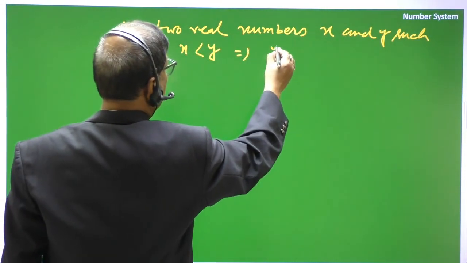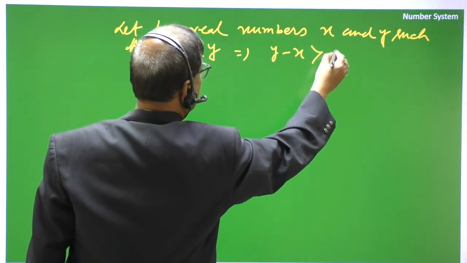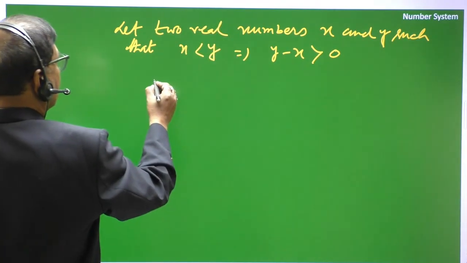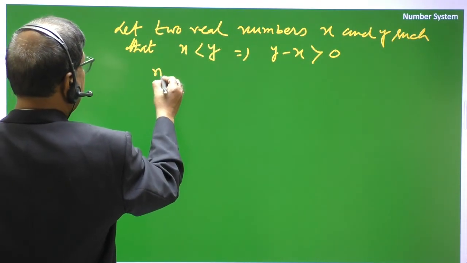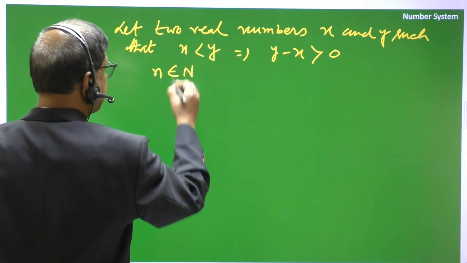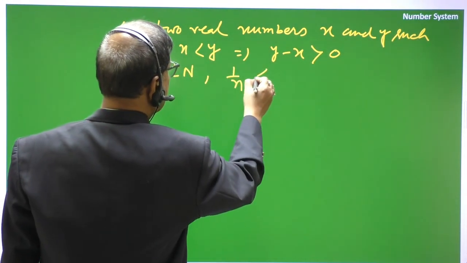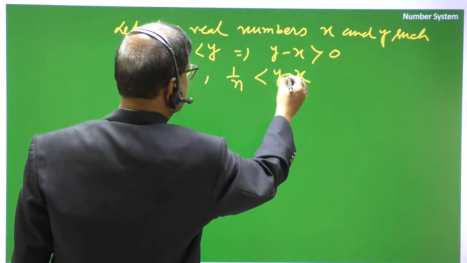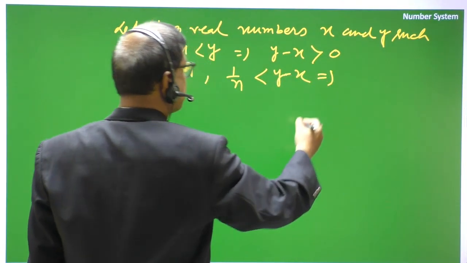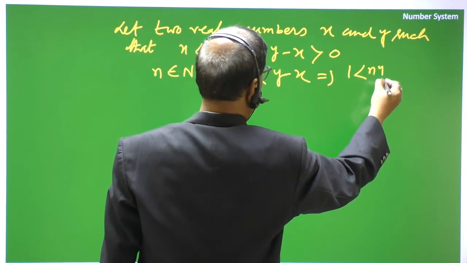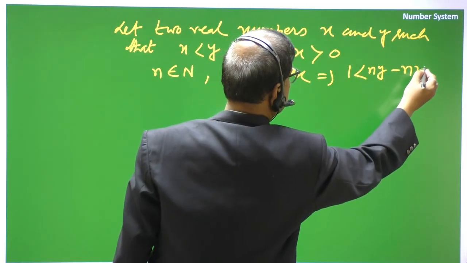That implies y minus x greater than 0. Now according to Archimedean property, just now I told you, n belongs to natural number, then 1 by n less than y minus x. So this implies 1 less than ny minus nx.